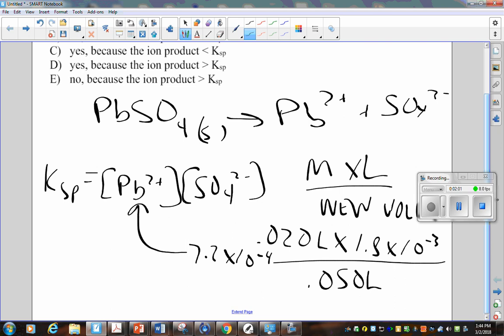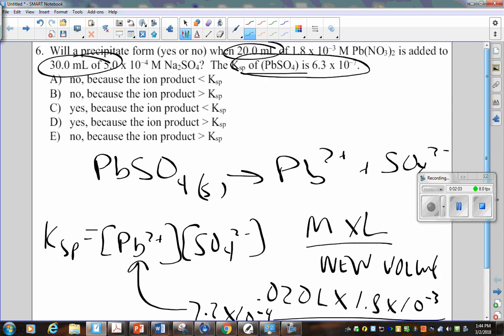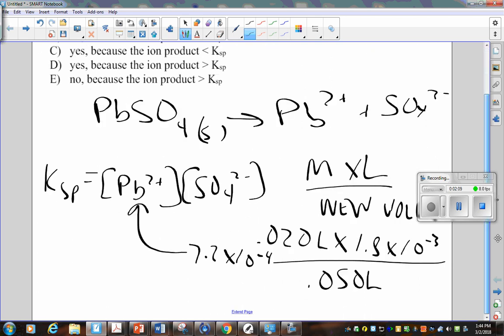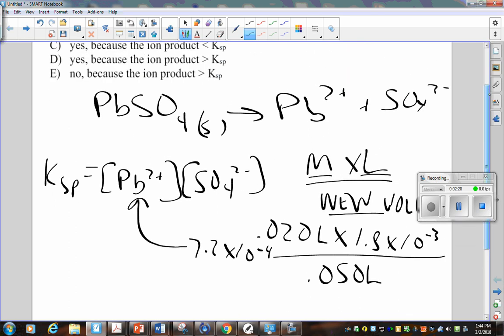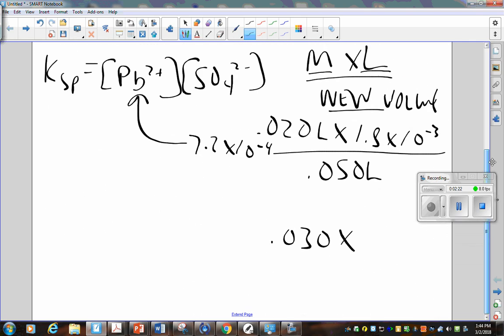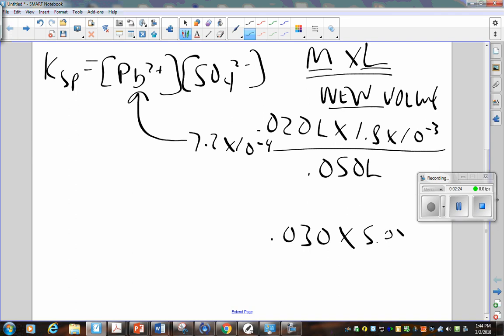When I go to find SO4, what do I have? 30 milliliters of 5.0 times 10 to the negative fourth. I'm going to do the exact same thing: molarity times liters divided by the new volume. So it's 0.03 times the molarity, 5.0 times 10 to the negative fourth, divided by 0.05 liters, because it's 50 milliliters combined.